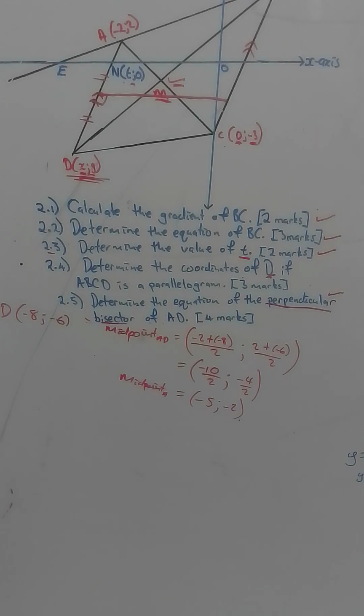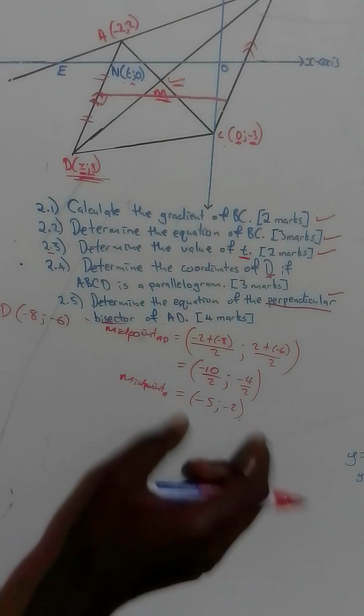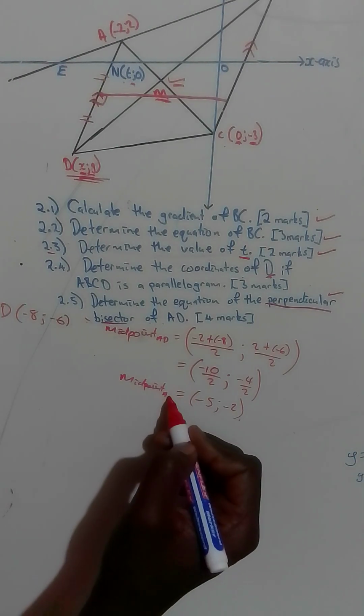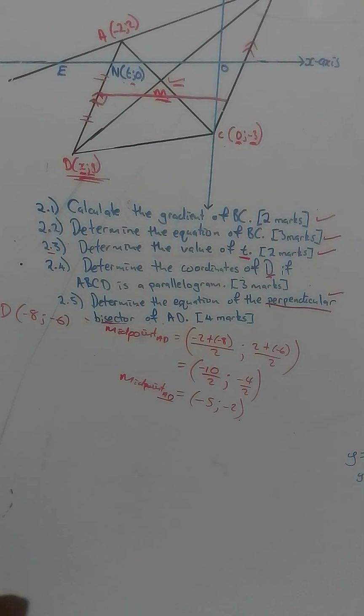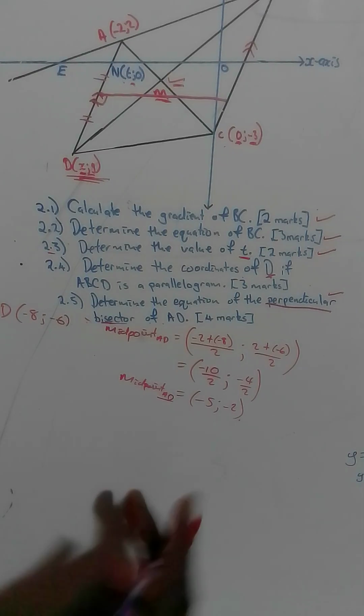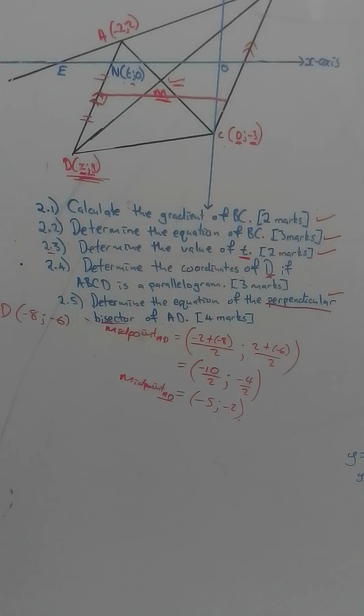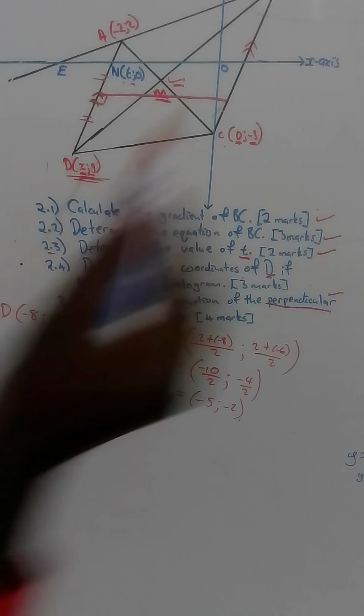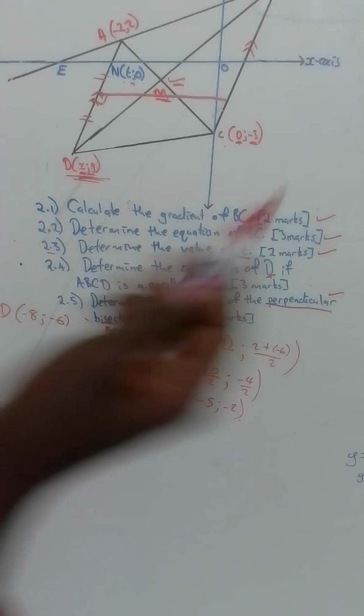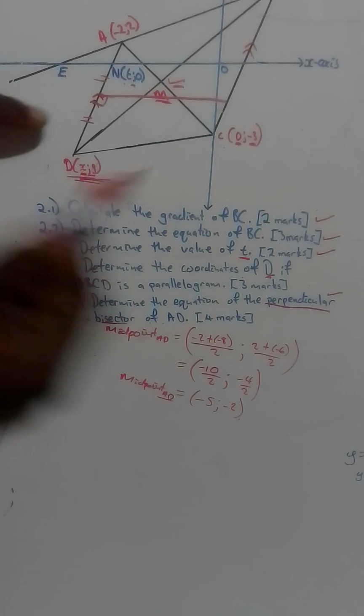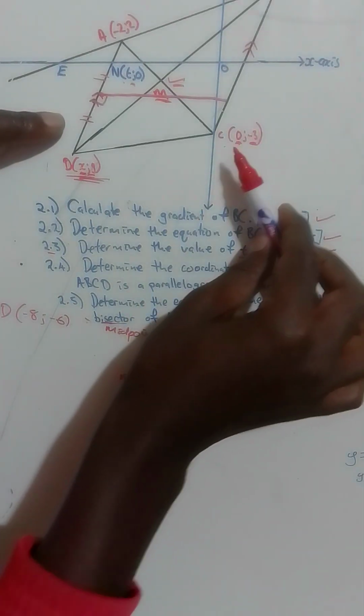Oh Jesus Christ, I did the wrong. No, I didn't do the wrong thing. I've got the midpoint of line AD, right? But in order for me to determine the equation, remember, what do we need? Remember, we're told earlier on that line AD is parallel to line BC, right?